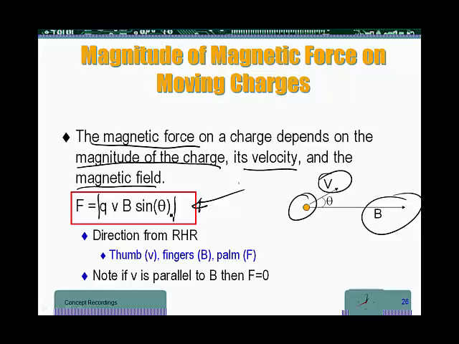To get the direction of the force, we use what we call the right-hand rule, RHR. For the right-hand rule, for a positive charge, if Q is positive, we use the thumb for V. So here is the thumb, and then we use the fingers for B. So here is the rest of the fingers.